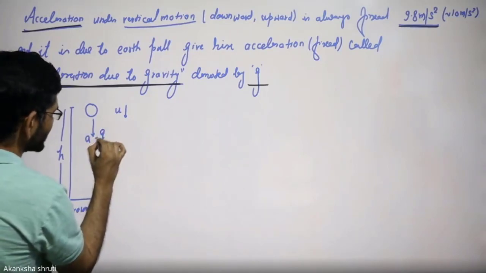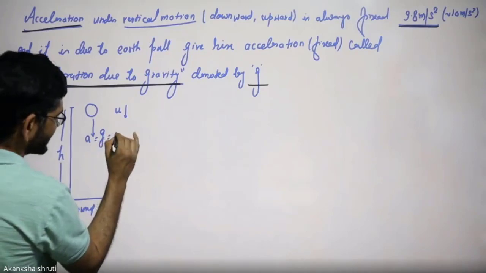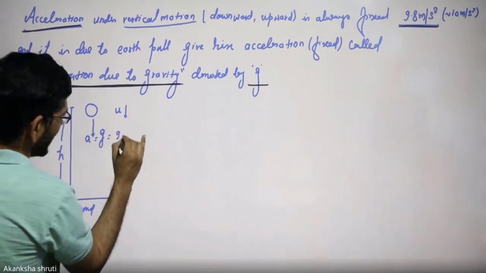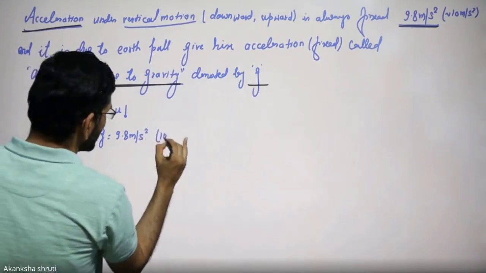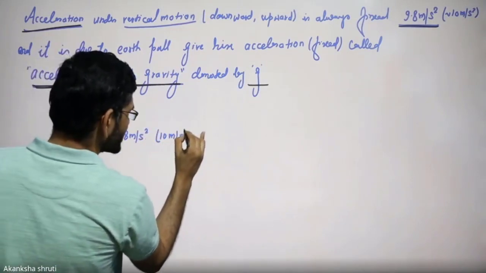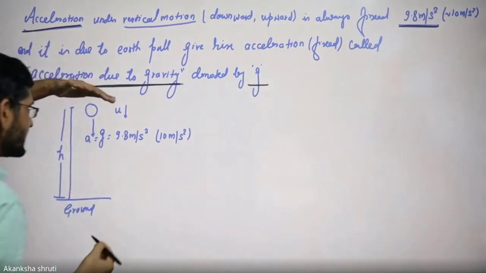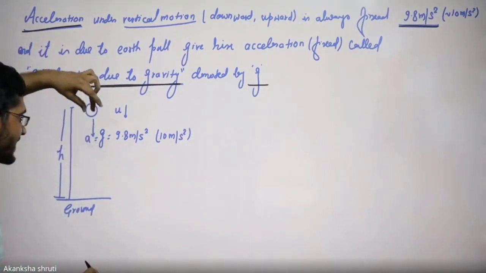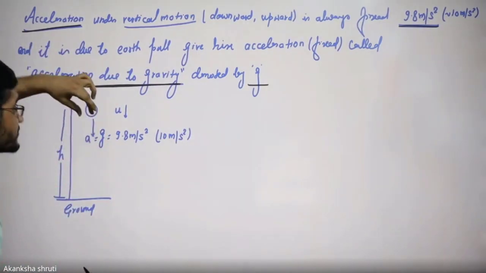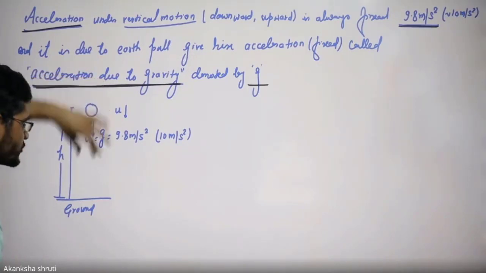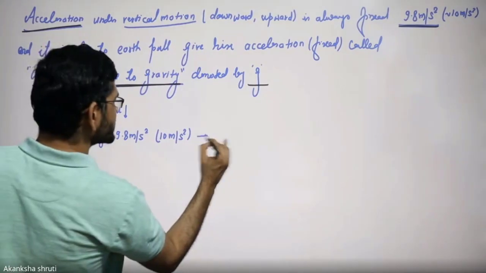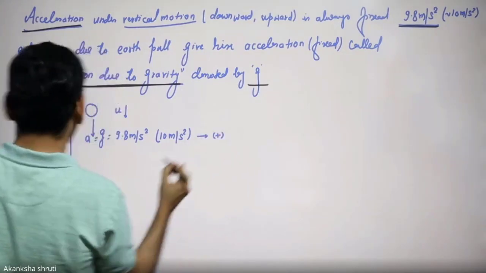This acceleration is denoted by g, with value 9.8 meters per second squared, or approximately 10 meters per second squared. Since the body is moving downward and speed is increasing, acceleration is in the same direction, so it is also taken as positive.